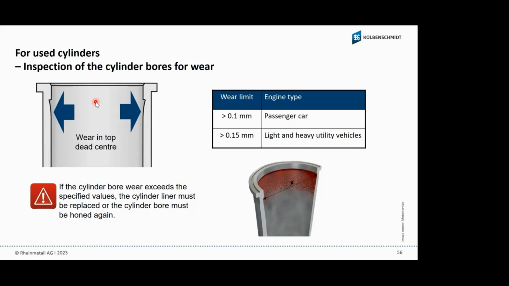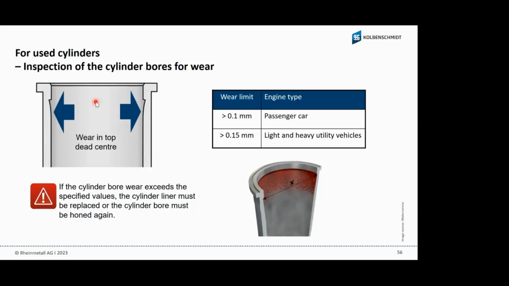And on the heavy duty, 0.15 or bigger, then we also speak about oil consumption. I saw one of them in my life, an engine where the wear was on one side 1 millimeter. They have a lot of blow-by.